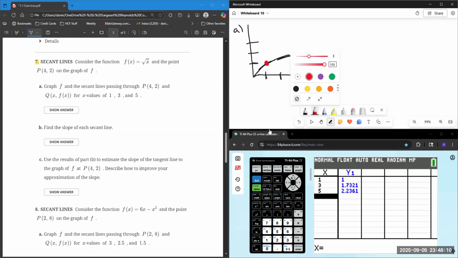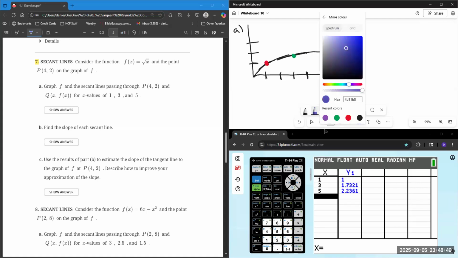Then I'm going to pick a color like green for the point 3, 1.7, something that's right here, and a different color like purple for when x is 5, and that point is up here, 2.2 something something. I've got that. And let me go back to good old blue.